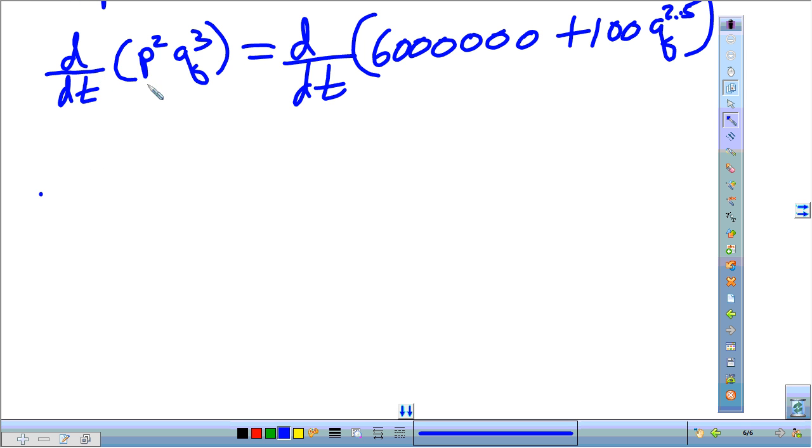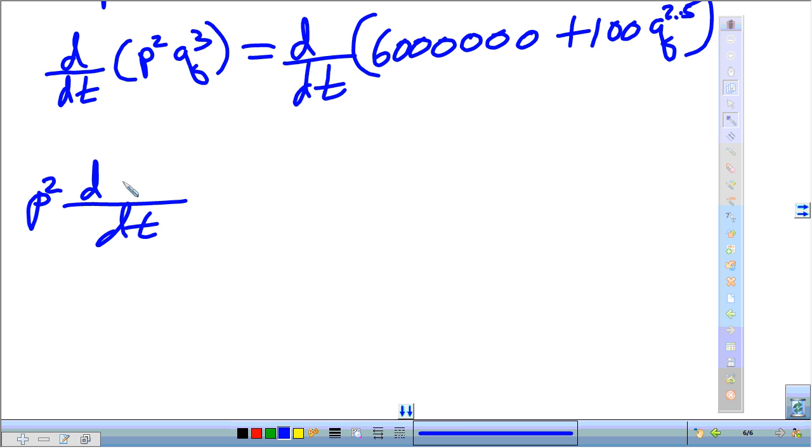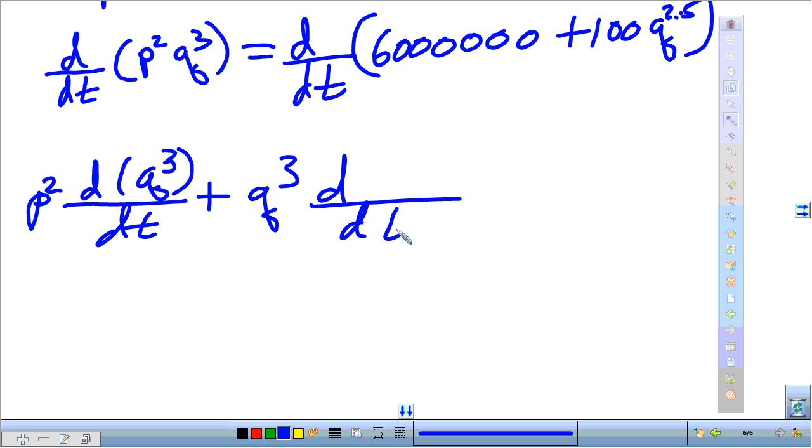So the left side is a product. So we'll have P squared and the derivative in terms of time of the other factor, Q cubed, plus Q cubed with the derivative of the other factor P squared.